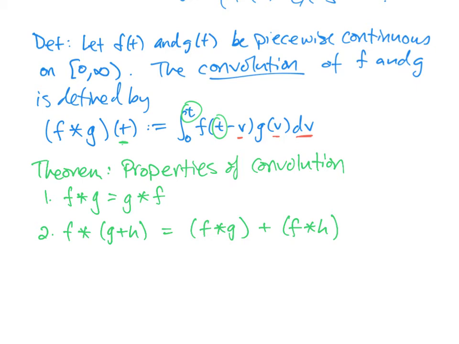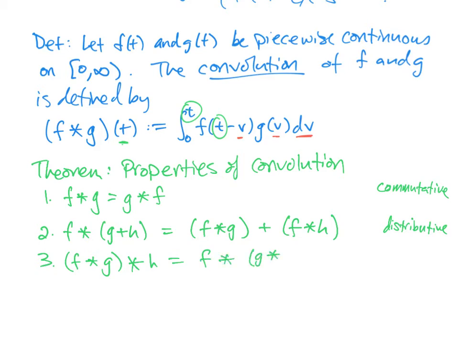And that you can probably see fall out immediately from the definition of the integration. So I guess this is distributive, not associative, distributive. And the first one is the commutative property. And then our third one is (f star g) star h equals f star (g star h).